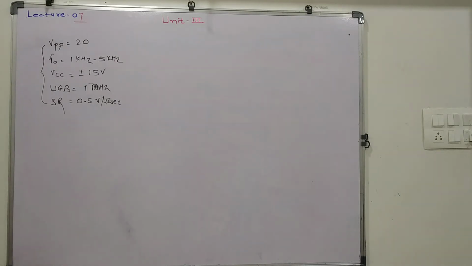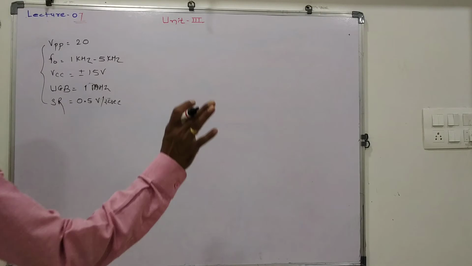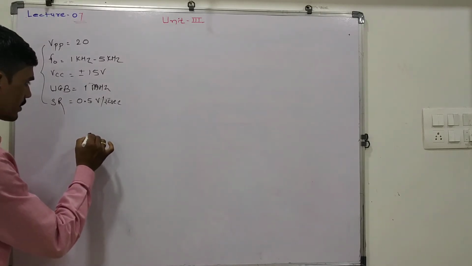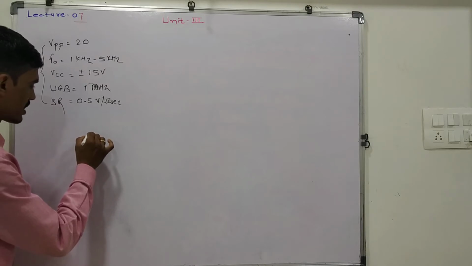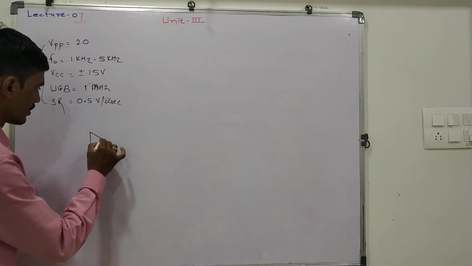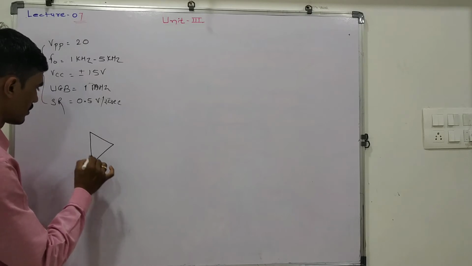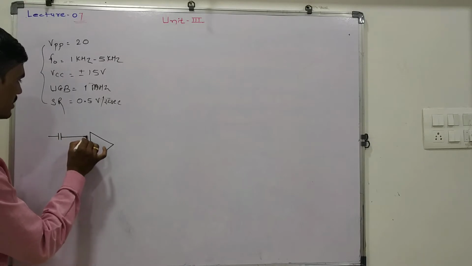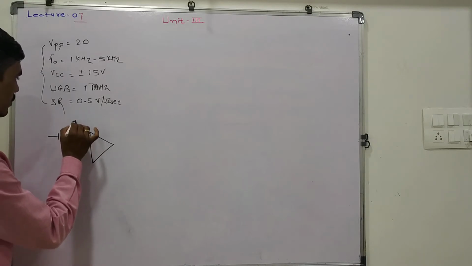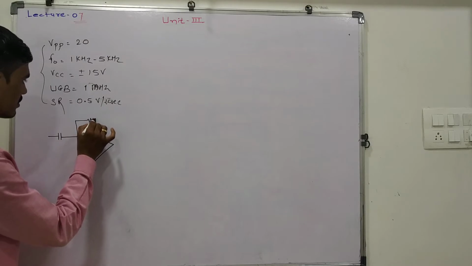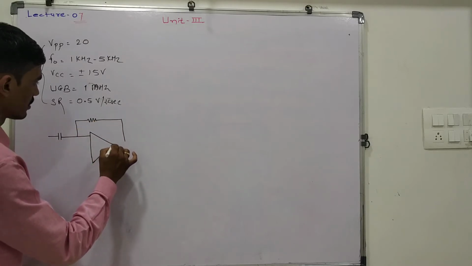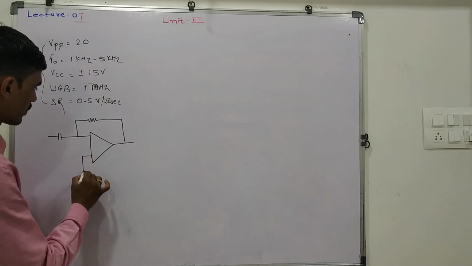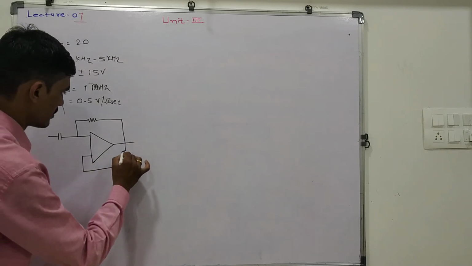As we start with the problem, we just draw a simple circuit which is used for designing an astable multivibrator. So in our astable multivibrator we are using an input capacitance, then we are using one resistance R, and we have to provide a reference voltage by using a voltage divider network.